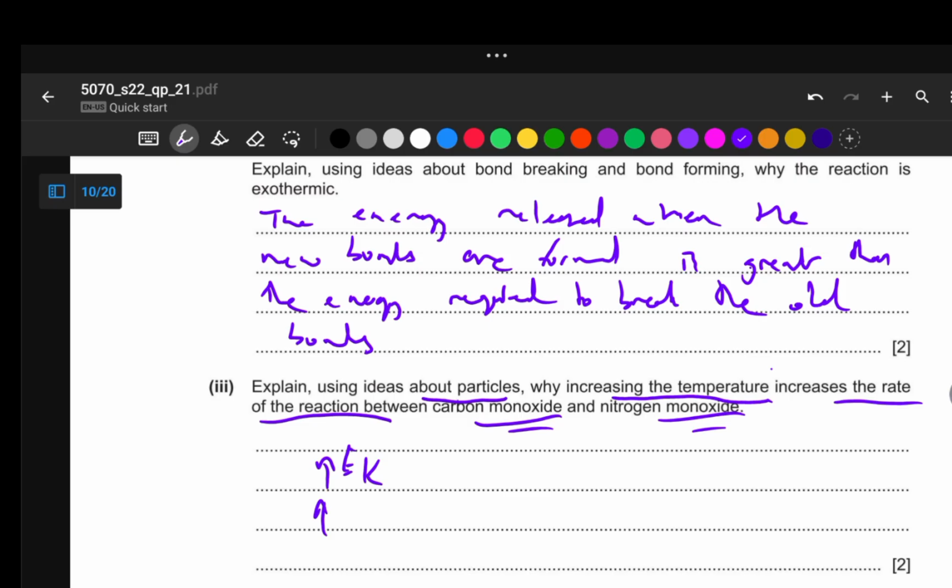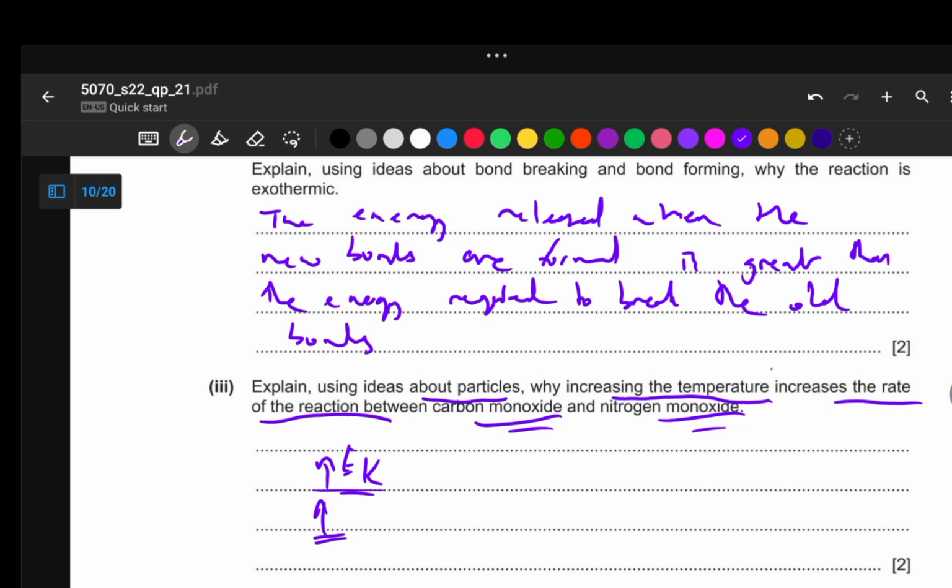For the reaction to occur, we must have the particles colliding in the correct orientation with sufficient energy. With the increase in the kinetic energy, the particles are going to increase the rate of collisions, and with the increase in the energy content, the particles are going to have greater energy for the collisions.